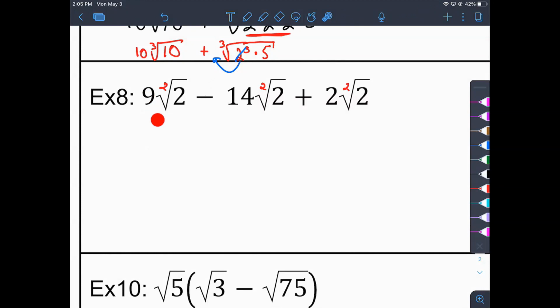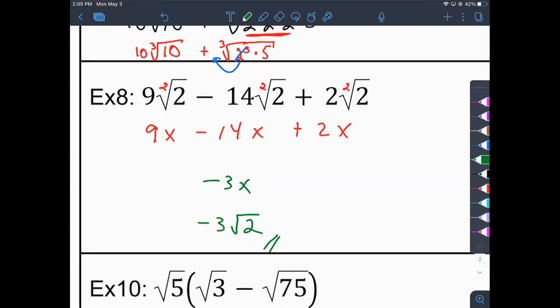Because you can think of this as 9x minus 14x plus 2x. Well, 9 minus 14 is negative 5. Plus 2 means it ends up as a negative 3x, or negative 3 root 2. There we go.